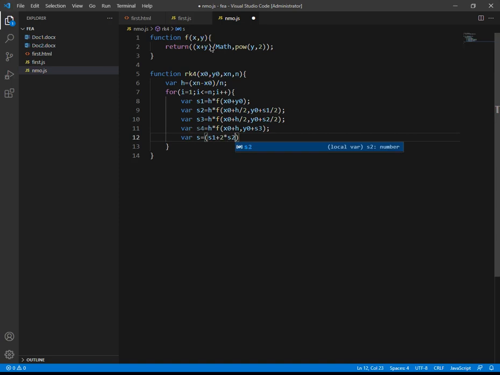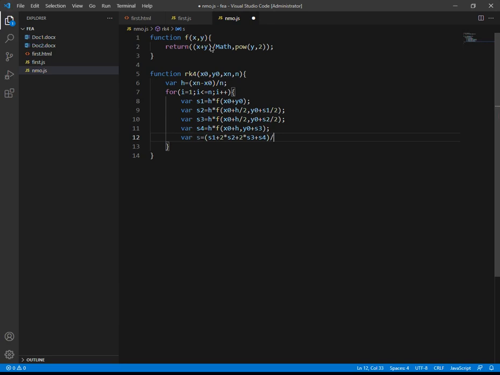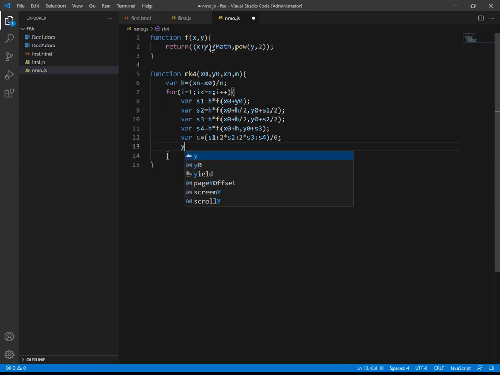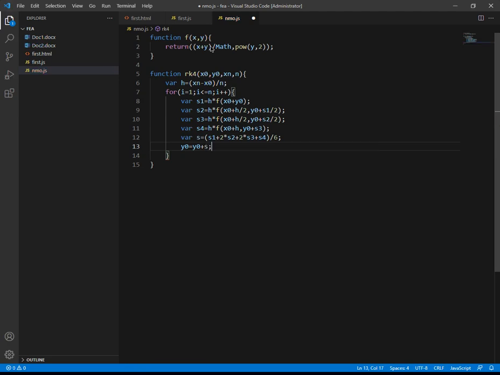s1 plus 2 into s2 plus 2 into s3 plus s4 divided by 6. And then once that is done, I could replace y0 with the newer value, that is of course s.